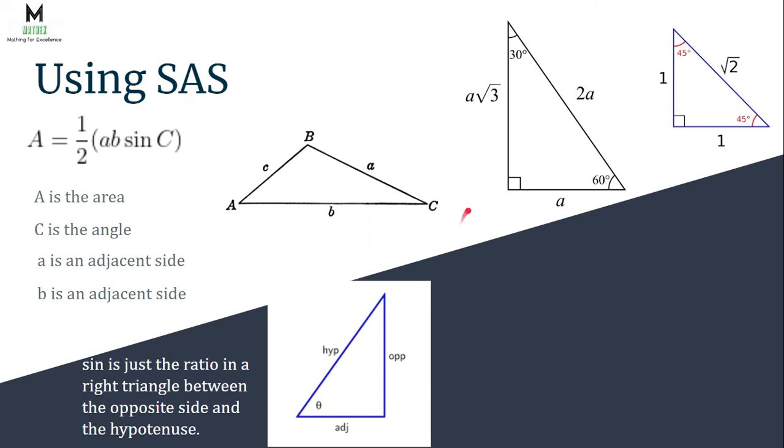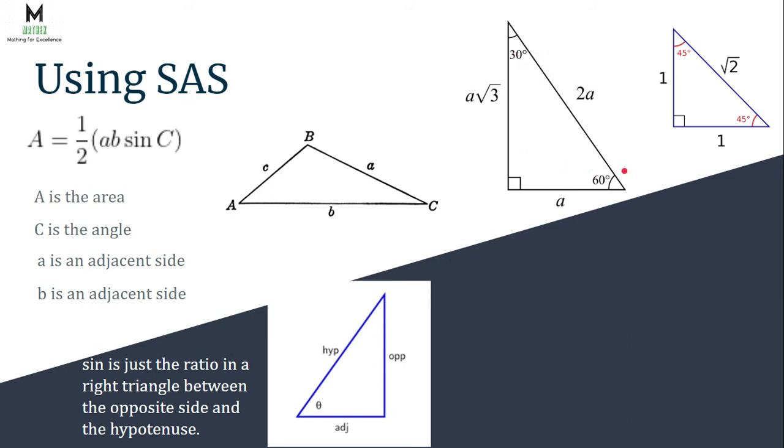So if we take the sine of 30, we would do the opposite side to this angle divided by the hypotenuse. In this case, we would do a divided by 2a, which would give us 1/2. So sine of 30 is 1/2.